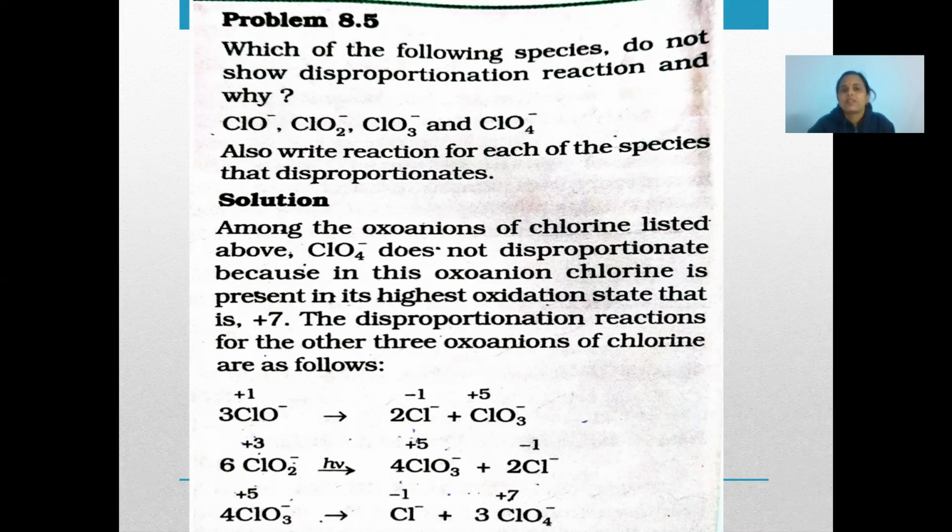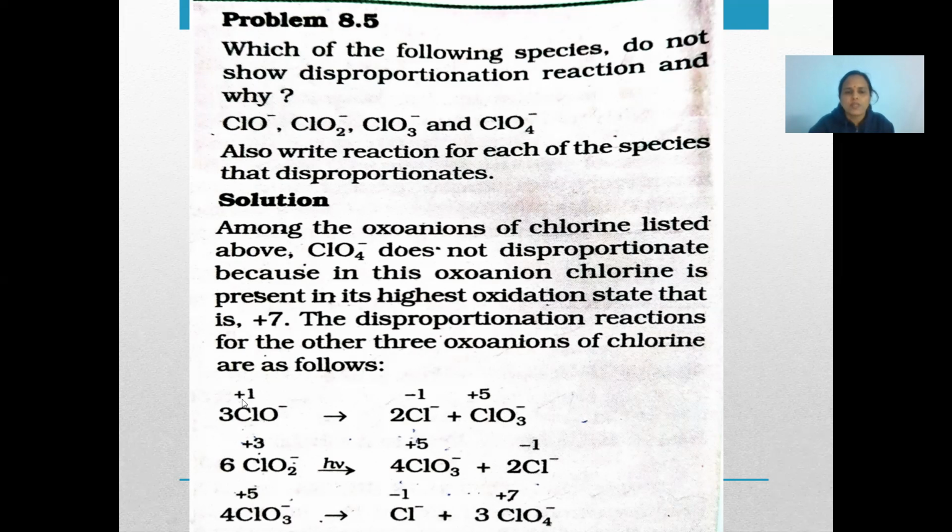So here ClO4 minus does not undergo disproportionation reaction because in this oxoanion, chlorine is present in its highest oxidation state, that is +7. And the disproportionation reactions for the other three oxoanions of chlorine are, you can see, 3ClO minus gives 2Cl minus plus ClO3 minus.